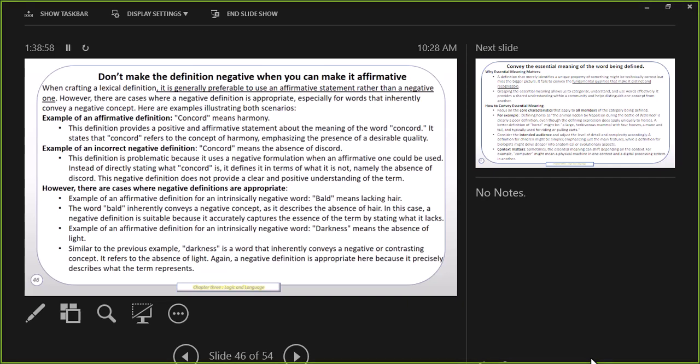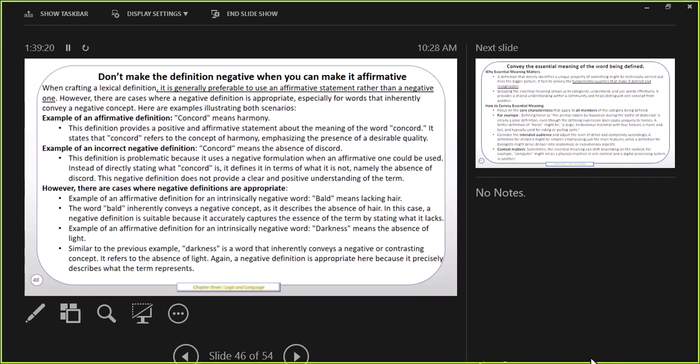But when a positive definition is in order, using a negative definition is not recommended in our formal speech and writing. An example of an affirmative definition: concord means harmony. This definition provides a positive and affirmative statement.